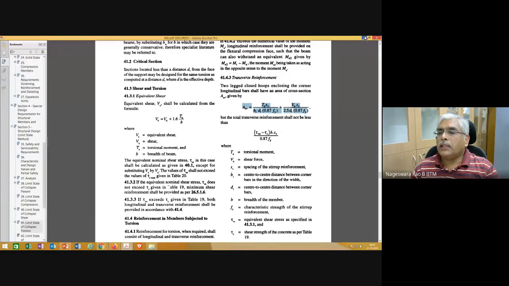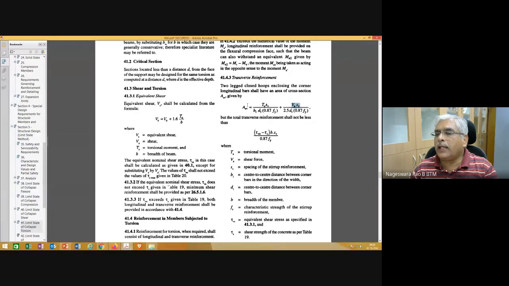And please note that in the description of the problem, the shear reinforcement, that is the transverse reinforcement provided in the beam, is given, and you are asked to estimate the torsional resistance of the beam. It's not mentioned whether any direct shear is applied or not.